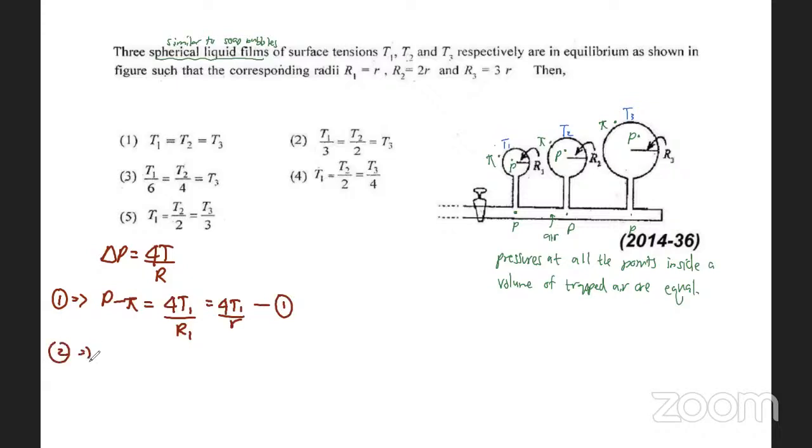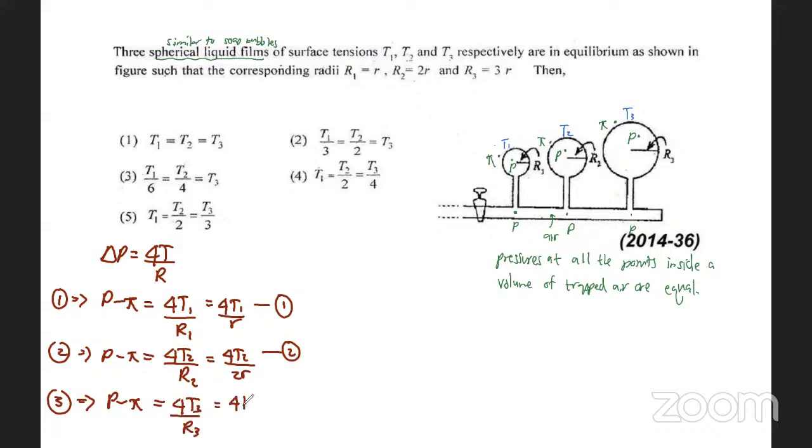For the second scenario, we can again write P minus P0, same internal pressure, same external pressure, equal to 4T2 over R2, and that is 4T2 over 2 simple R. I'll leave it as it is without simplifying them. And then the third one, again, P minus P0, because inside it's the same pressure, it's the same air volume. Outside, it's at atmospheric pressure, 4T3 over R3, but R3 is given as 3 simple R. So it has to be 4T3 over 3 simple R. That is the third equation.